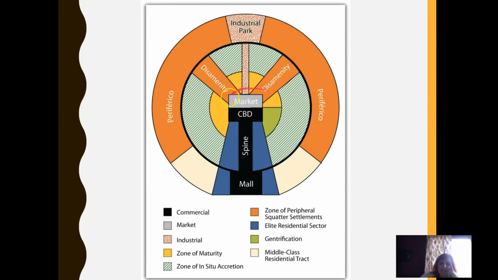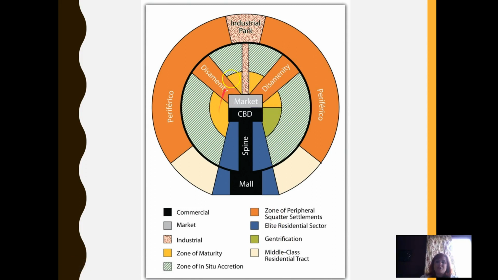So here's your CBD. Now, this has some things that are different than the North American city model. So you have your market areas, and your zones of maturity are going to be zones that are probably experiencing, well, here, there's a gentrification zone.